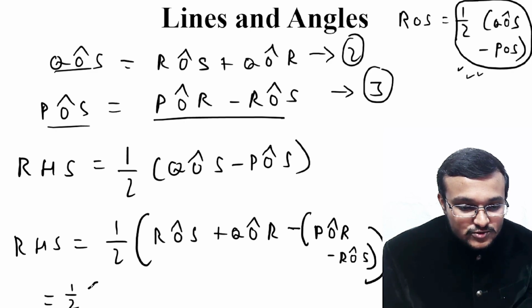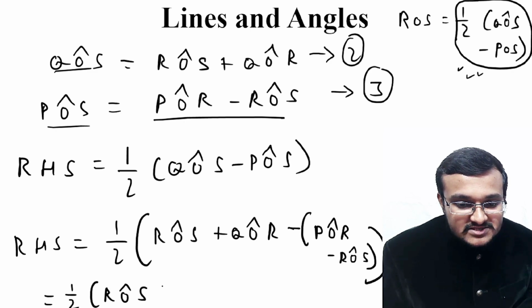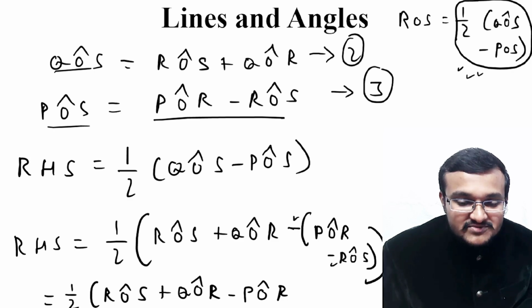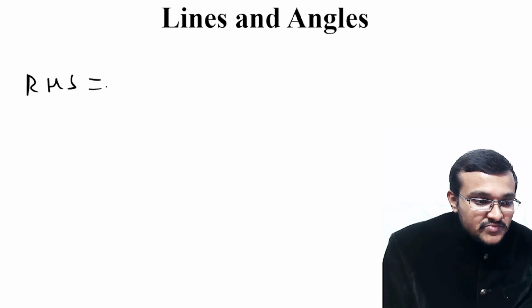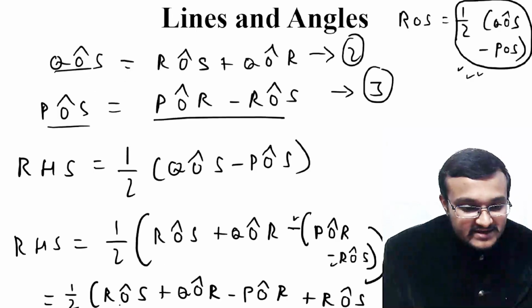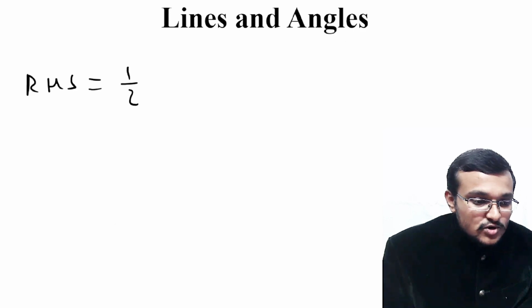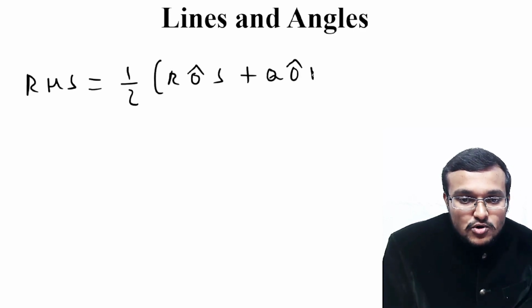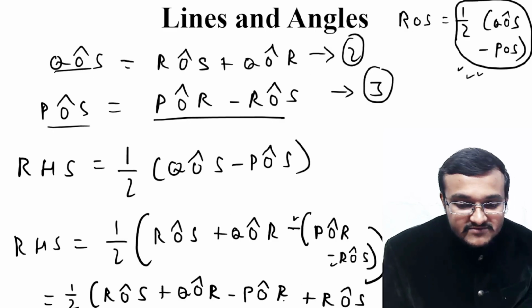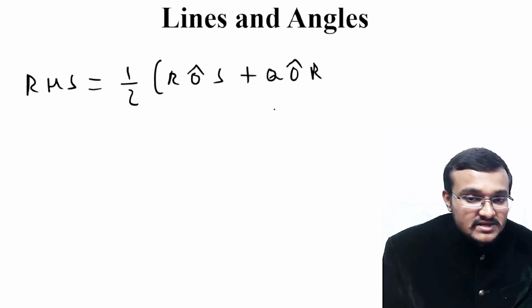So that will be 1 by 2 into (ROS plus QOR, then minus into plus will be minus POR, and minus into minus will be plus ROS).